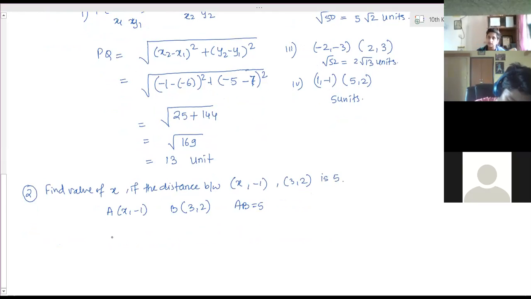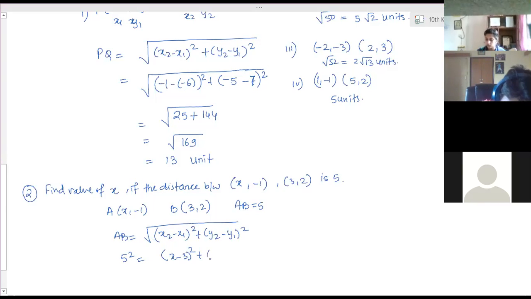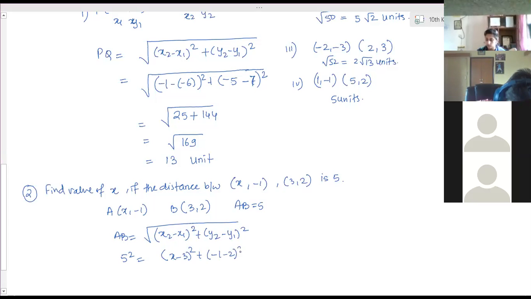AB distance is equal to square root of x2 minus x1 whole square plus y2 minus y1 whole square. AB is 5. If you take the square of it, this square root gets cancelled. So AB square, 5 square, is equal to x minus 3 whole square plus minus 1 minus 2 whole square.